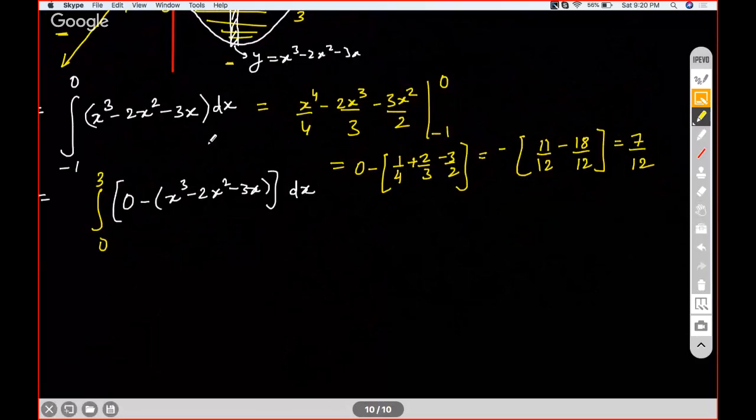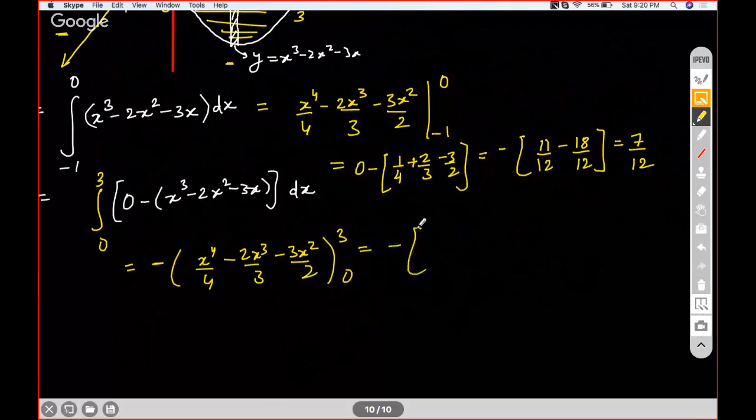What about this? This is already negative: x to the power 4 by 4 minus 2x cubed by 3 minus 3x squared by 2, from 0 to 3. When you put 3, you get 81 by 4, minus 18, which is 72 by 4, and minus 27 by 2, which is 54 by 4.